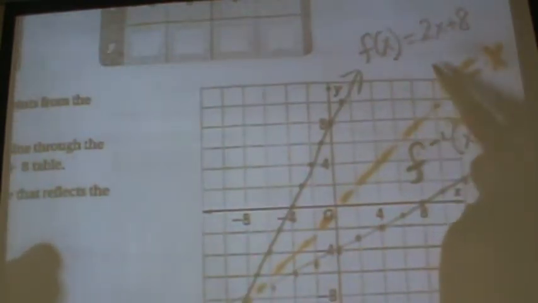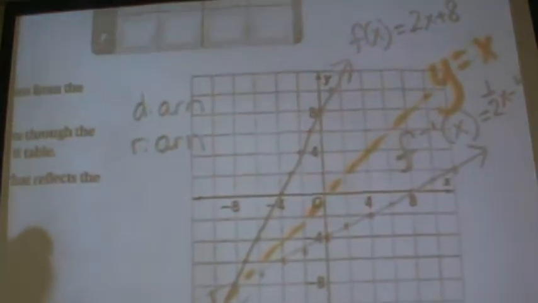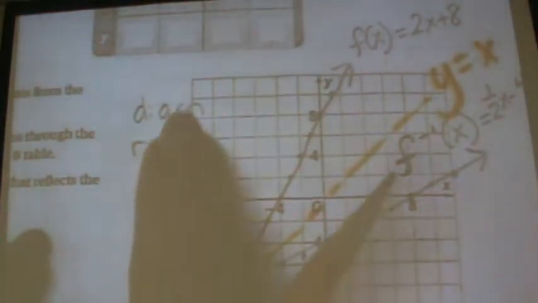Okay, now, let's go back here for a second. What is the domain of your function, f of x? Your domain is all real numbers. What's your range? All real numbers. When you do the inverse, these are going to switch.